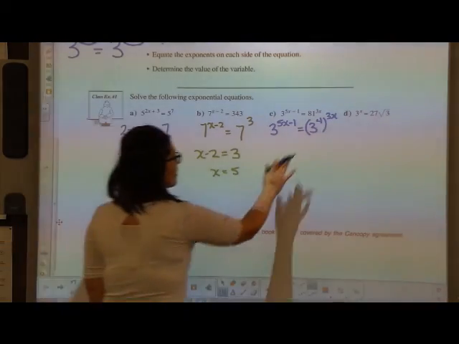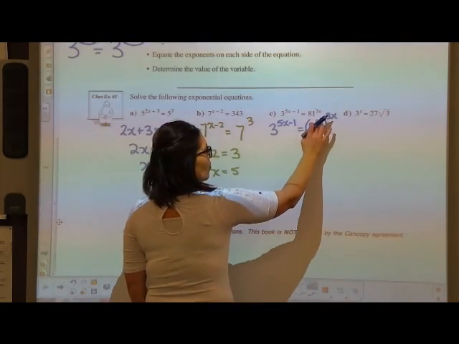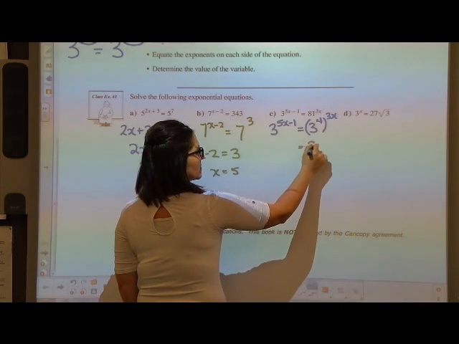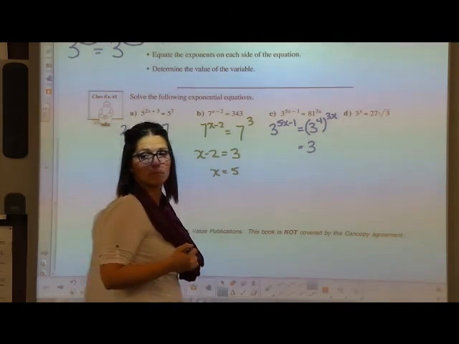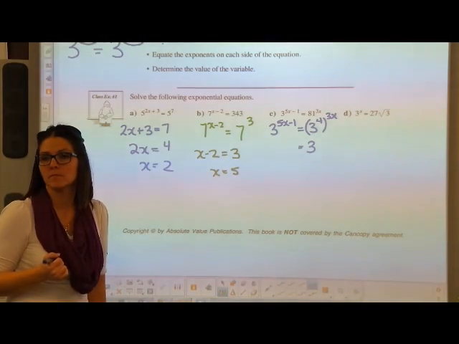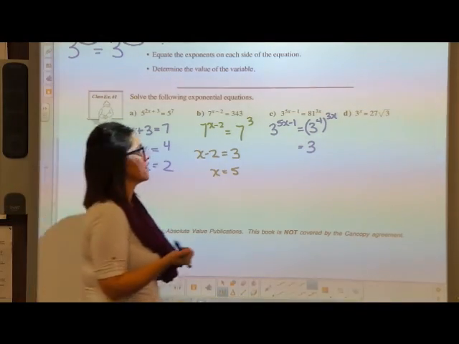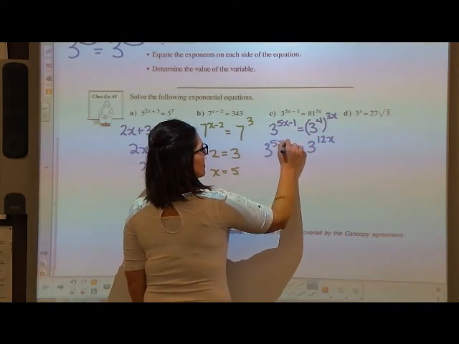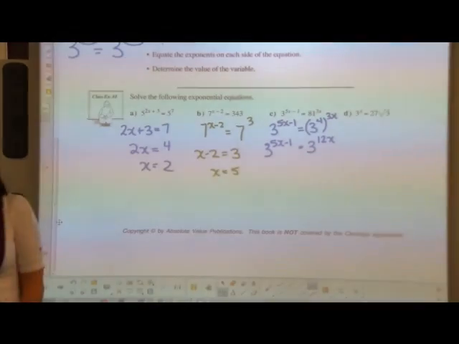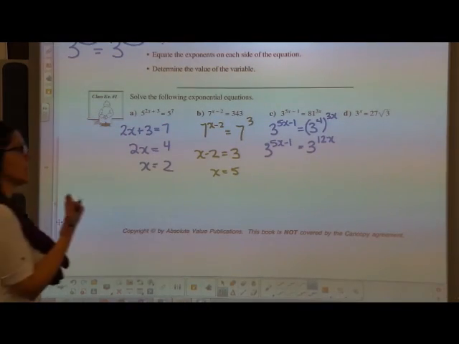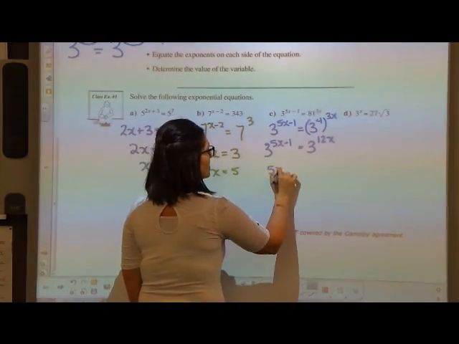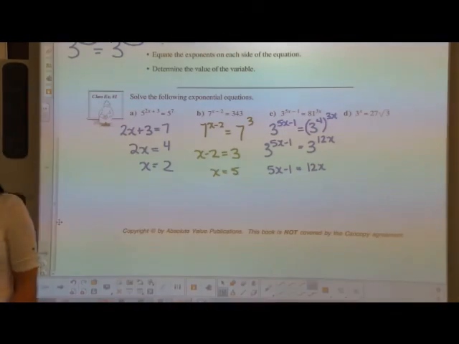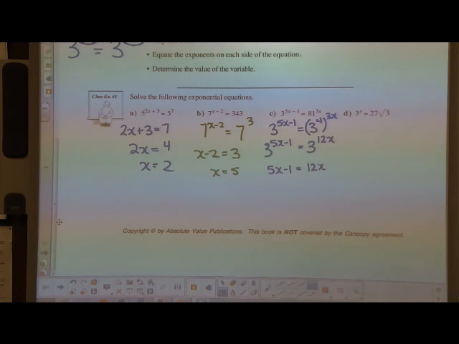So if I simplify this side, what do I do to the exponents on the right-hand side? Multiply them, so it'd be 12x. And now I have a common base, which means I can let the exponents be equal. And then I can solve. So how would I solve this?